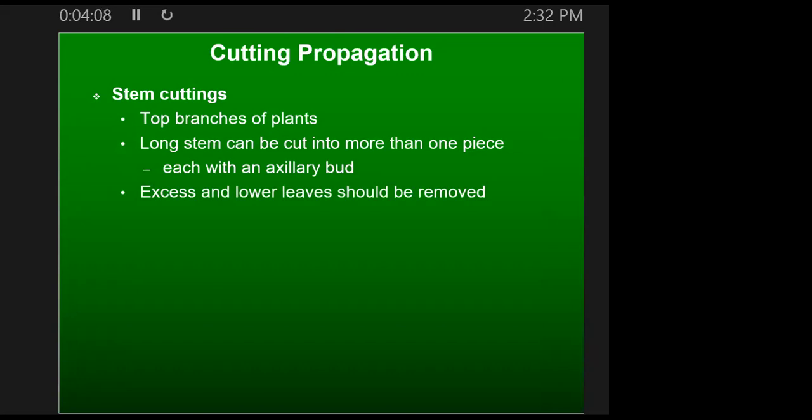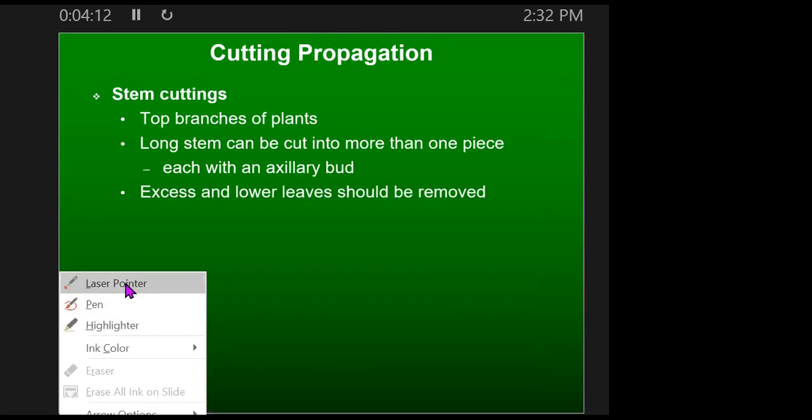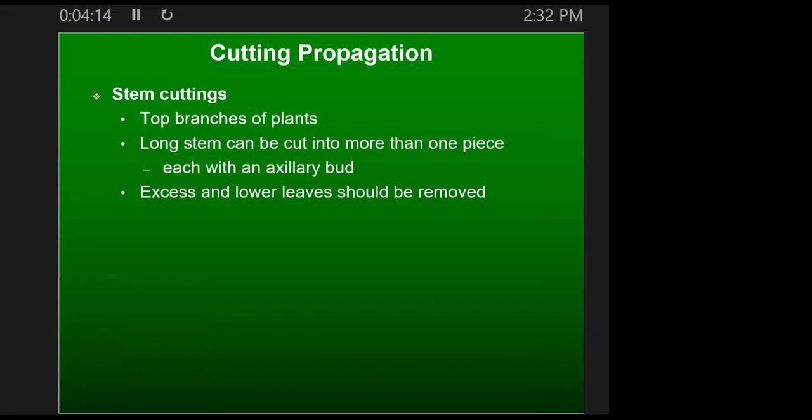So basically, what you're doing when you take a stem cutting, what's so amazing is that essentially the plant goes through this process called de-differentiation. So right at the cut area of the stem, those stem cells there have to de-differentiate.